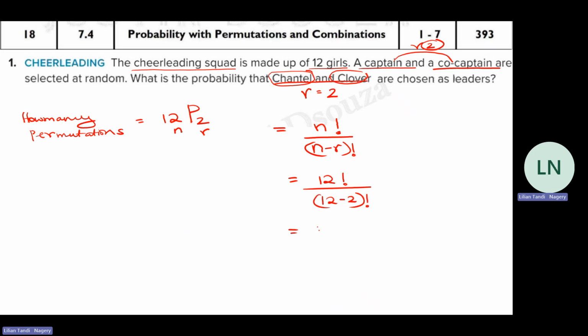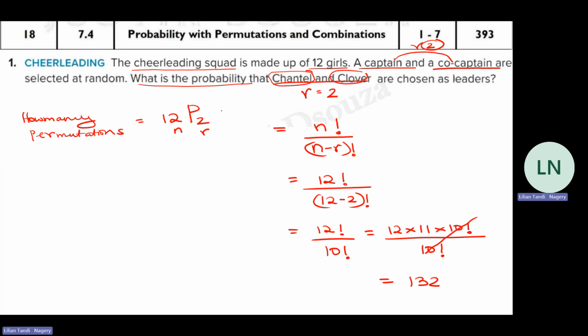So that becomes 12 factorial over 10 factorial, which becomes 12 times 11 times 10 factorial over 10 factorial. This goes away. 12 times 11, yes, 132. So 132 is my total permutation.